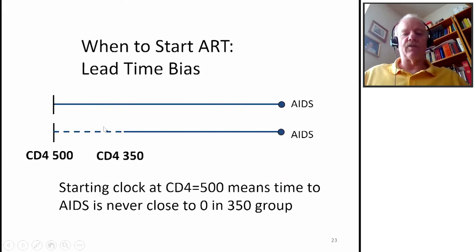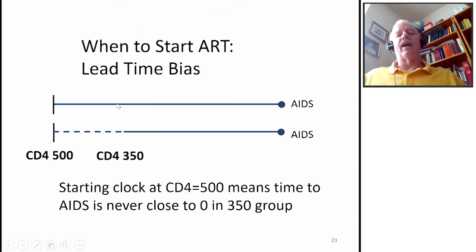So for this person and this other person, you're starting the clock when they had a CD4 count of 500, and you're saying, okay, I'm going to look at the time from reaching 500 to when you had an AIDS event, and I'm going to look at that for the people who started therapy at 350 versus the people who started therapy at 500.